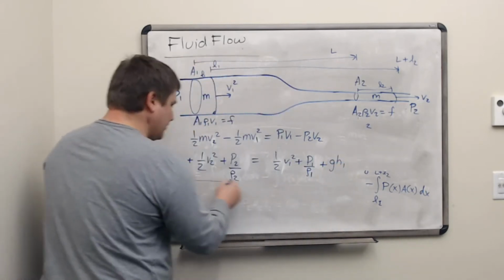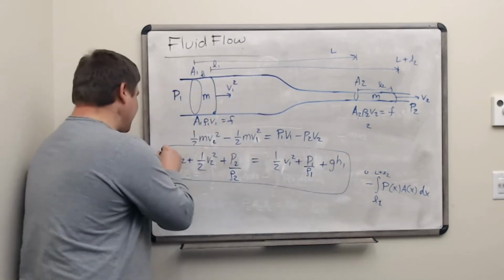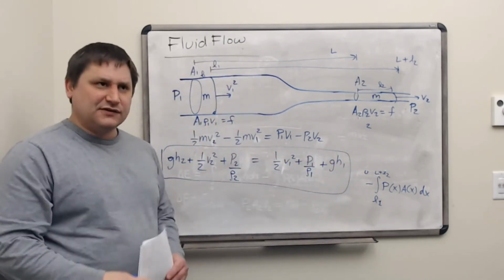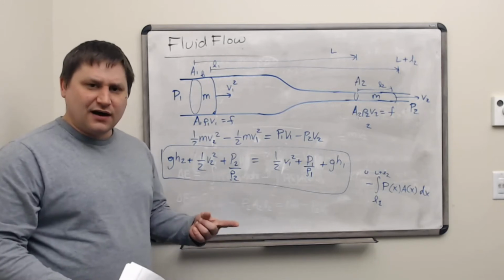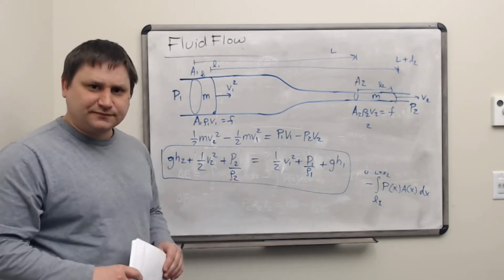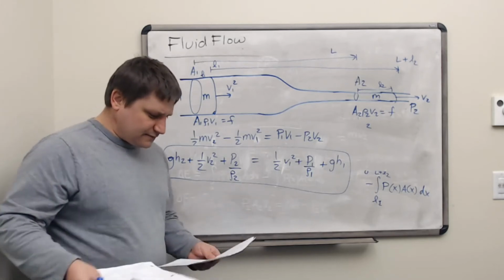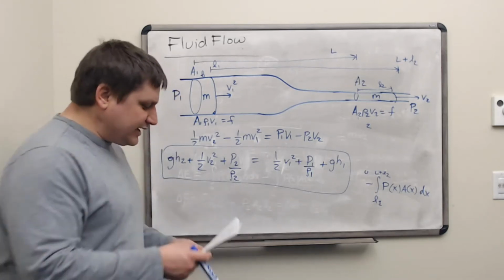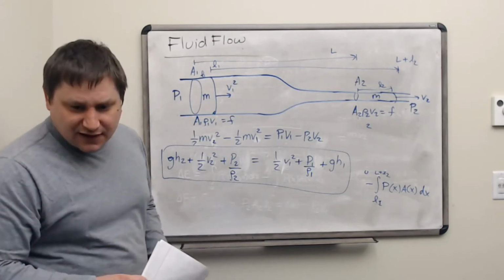All right, so that's our Bernoulli's equation and how we derive it from fundamental physics principles: conservation of mass, the work-energy theorem, and calculation of work from the force due to pressure. Okay, now let's look at some applications of this.